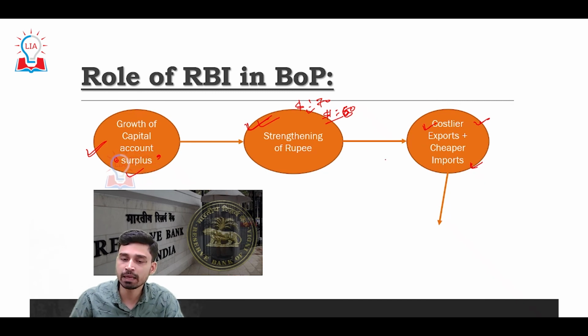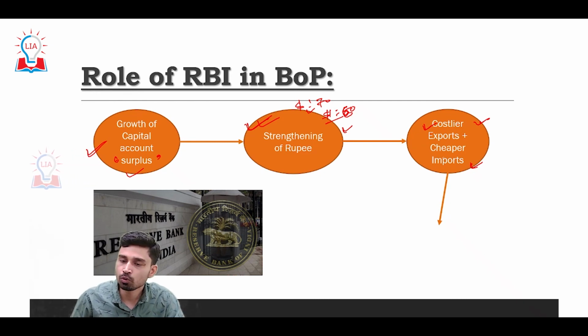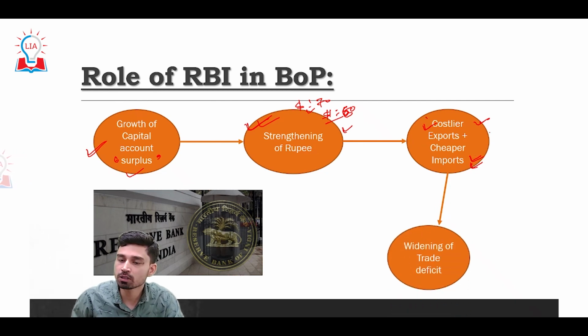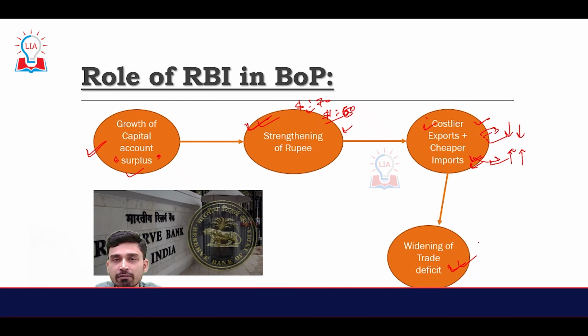But at the same time, people of India will have to spend less money to buy the same amount of dollars for their imports. As exports become costlier, obviously exports will go down, and if imports become cheaper, obviously imports into India will go up. And due to this, we will see a widening of the trade deficit. What is trade deficit? It is the balance of imports minus exports. So due to costly exports and cheaper imports, the trade deficit of India will widen.